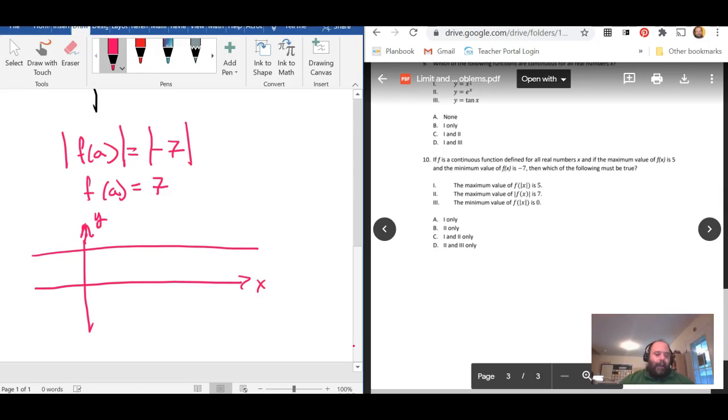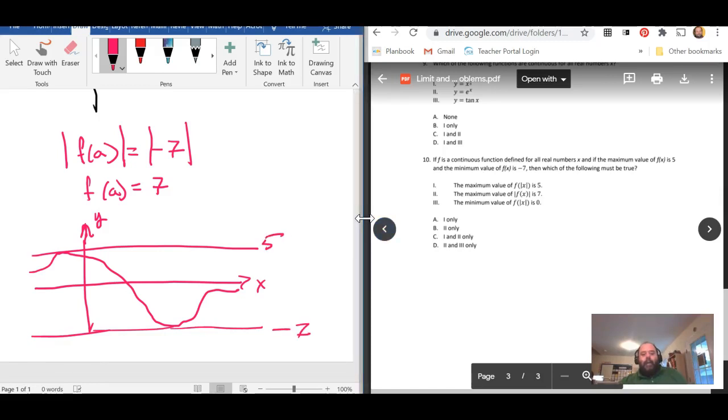That first graph where I had it go up to 5 over here, and then down to -7 over here, and then stay in between for the rest of the path. This is -7 and this is 5. Right, the minimum value has to be 0. Well, no, because I can take, let's say this is 1/2.